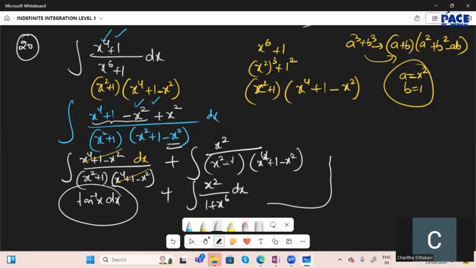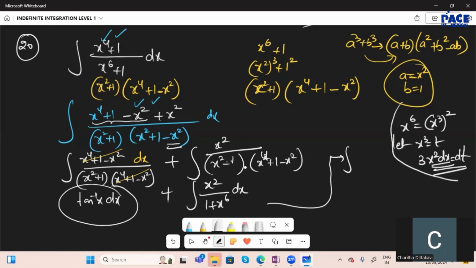And I will be changing x^6 like (x^3) whole square. Problem? Right? It is my x^3 whole square. Now when I consider let x^3 equal to t, 3x^2 dx will become dt. So what is x^2 dx? Now just replace in your question.